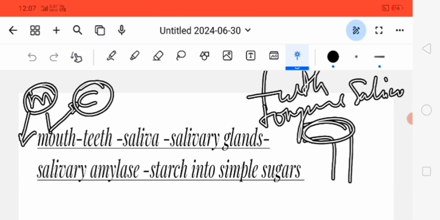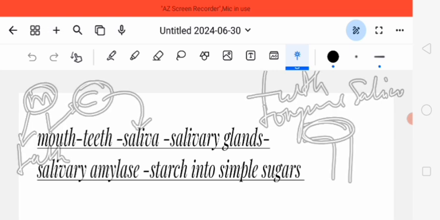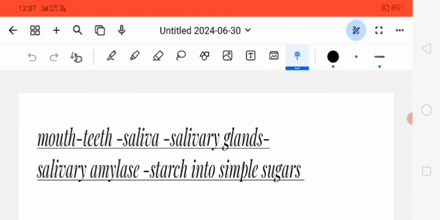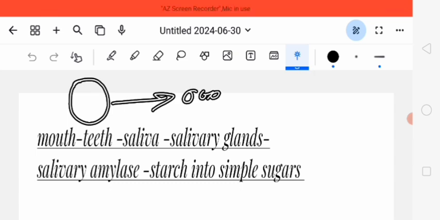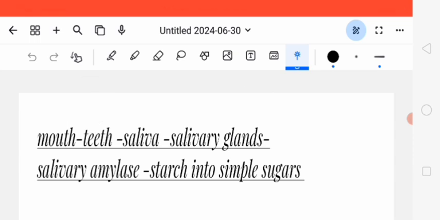Mechanical digestion with the help of teeth, chemical digestion with the help of saliva. Teeth convert complex food into simple food in an absorbable form. This simple absorbable form mixes with the saliva and becomes soft, because the esophagus muscles will be soft for that purpose.